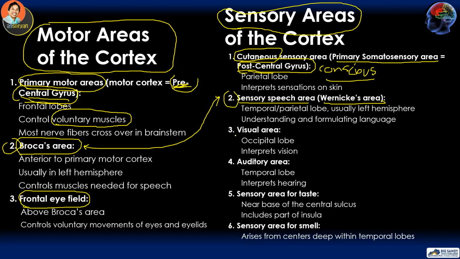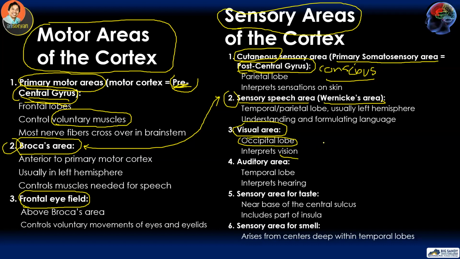And then on the back, on the occipital lobes, there is the visual area. This is the main area to control our vision, to receive or give the interpretations about what we see.